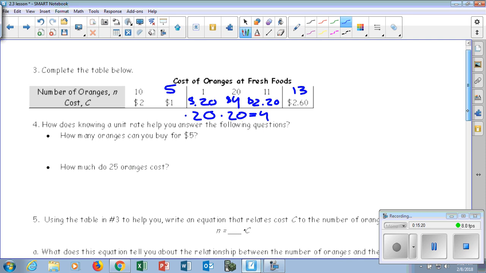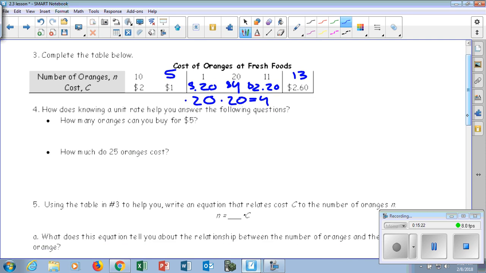So now that we know this equation, or this table, let's go on to our question 4. It says, how does knowing a unit rate help you answer the following questions? How many oranges can you buy for $5? For $5, how many oranges can we buy? Well, we did that over here for our 13 oranges.